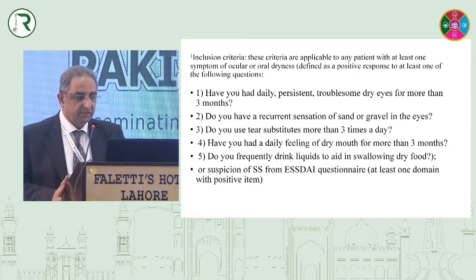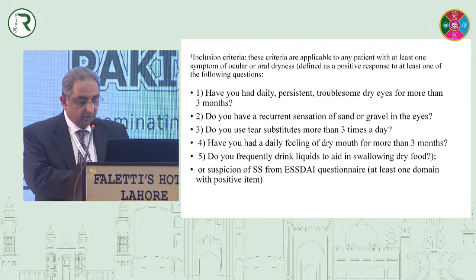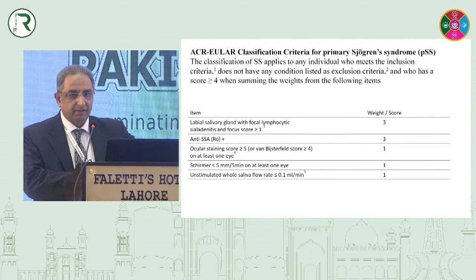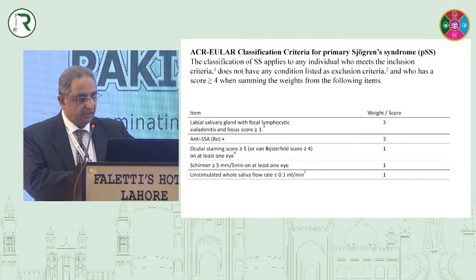Recurrent sensation of sand or gravel in the eyes? Do you use tear substitutes more than 3 times a day? Have you had a feeling of dry mouth for 3 months? Do you frequently drink liquids to aid in swallowing dry food? Or, from the questionnaire, a disease activity question. Any one question will qualify the patient, and then you go on to this checklist, which will help you with further tests and coming to your diagnosis of primary Sjogren's.